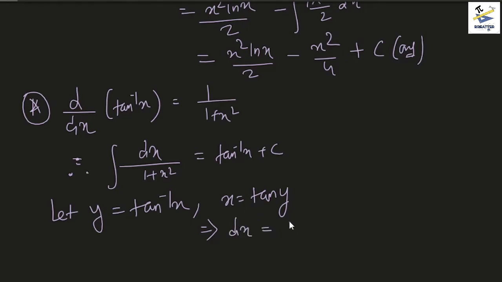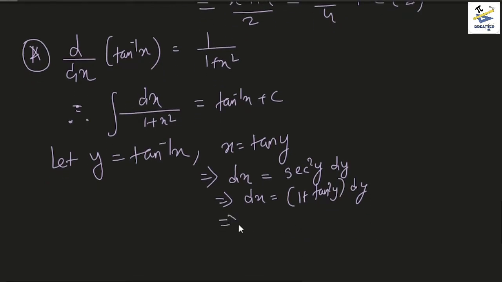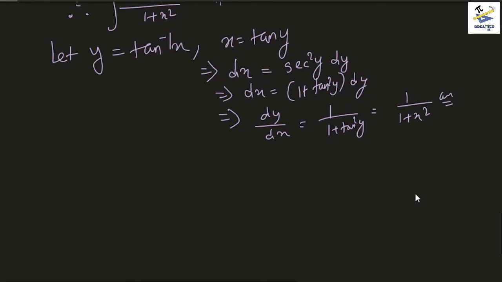So differentiating both sides, we get dx equals sec square y dy, and sec square y is just 1 plus tan square y, so dy by dx would be 1 by 1 plus tan square y, but tan y is just x, so it is just 1 by 1 plus x square, right? So the derivative of tan inverse x is 1 by 1 plus x square. All the other inverse functions can be proven in the same way, and corresponding to that we can find this integral.